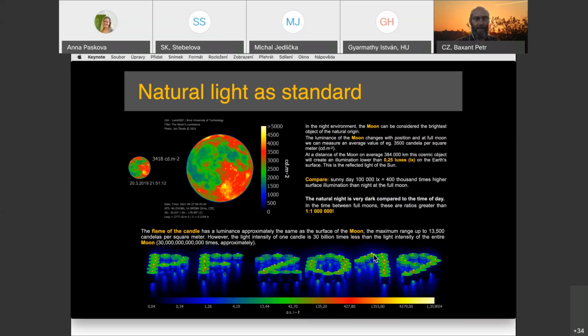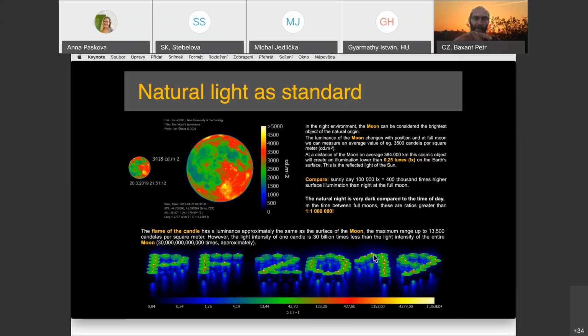Let's start with a little introduction of how we can see light at night in natural conditions. On this slide, I prepared a natural source of light in the night sky, represented by the full moon.